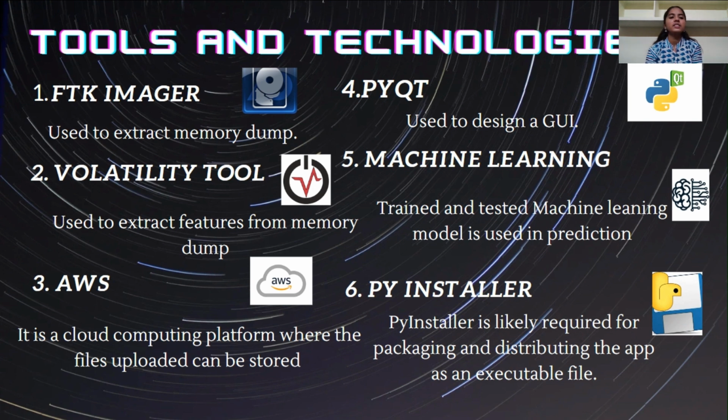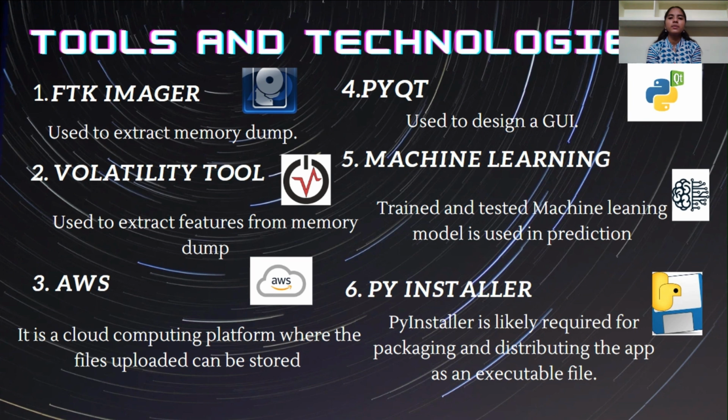The third one is AWS, the cloud computing platform, where I have used two services. The first is the S3 bucket, where the uploaded files are stored, and the second is the EC2 instance, where I analyze the memory dump which is given as input.